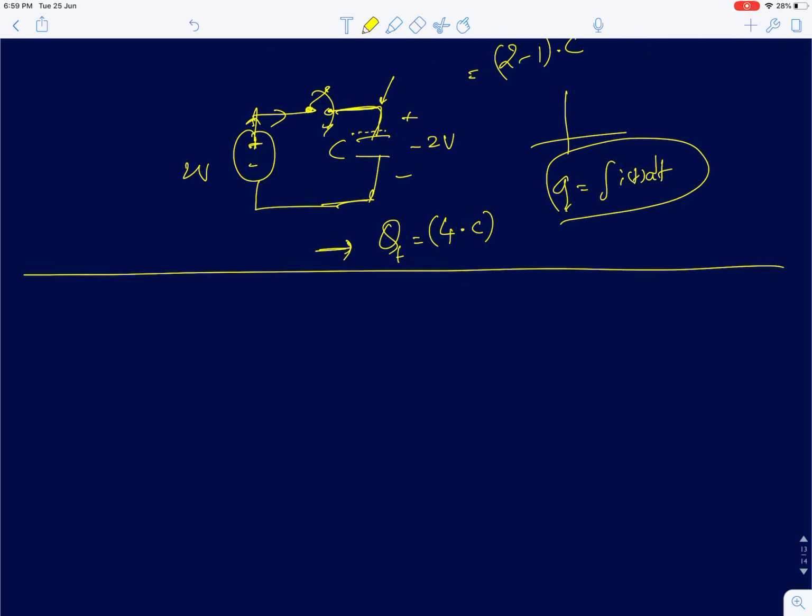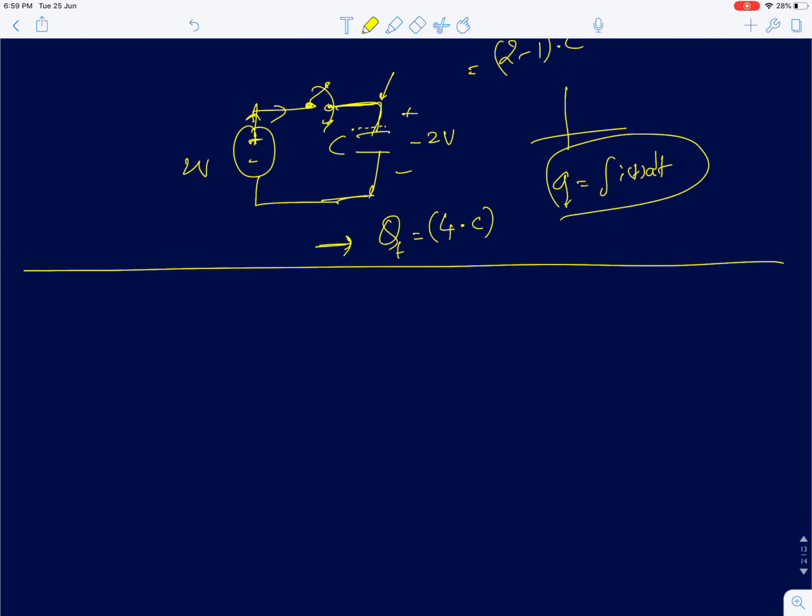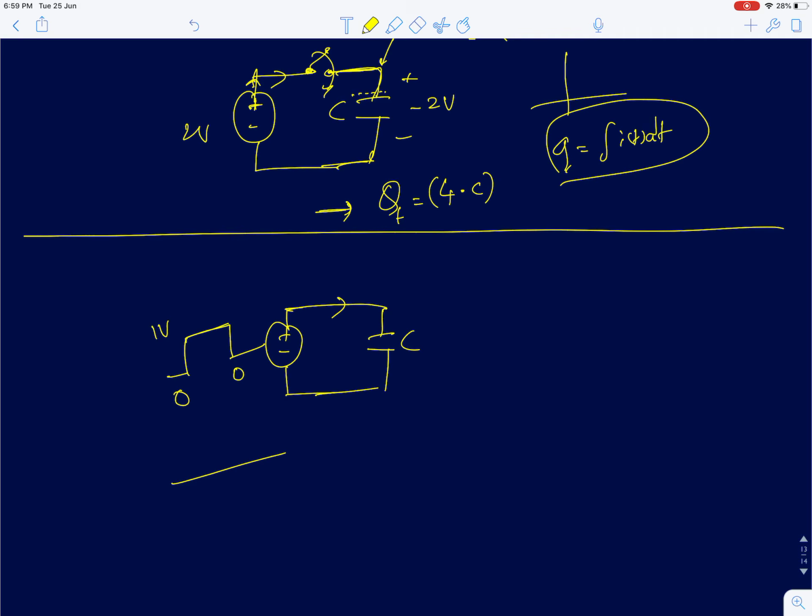Now if you apply a pulse input, what I'm going to do is apply 0 volt, then 1 volt, and then eventually it goes to 0 again. For a capacitor, what would be the flow of current? You will have a sudden transfer of charges at this point that will maintain 1 volt across it.